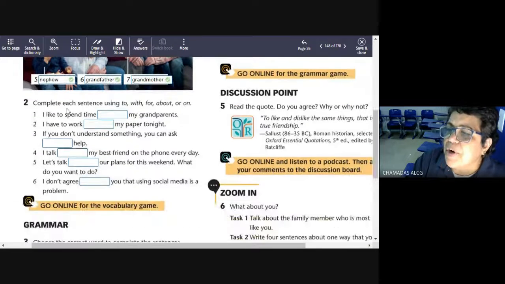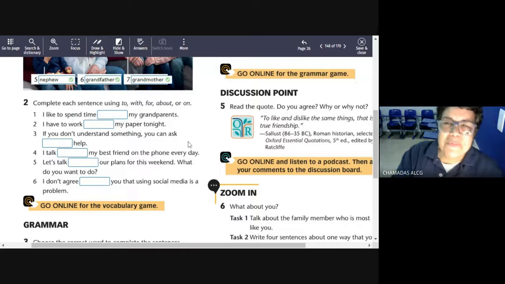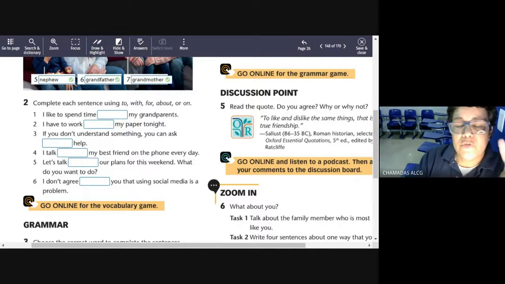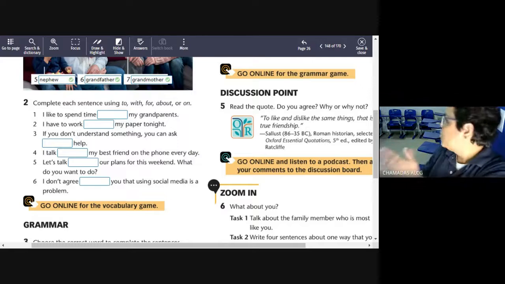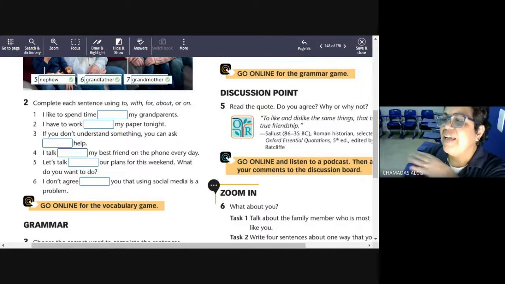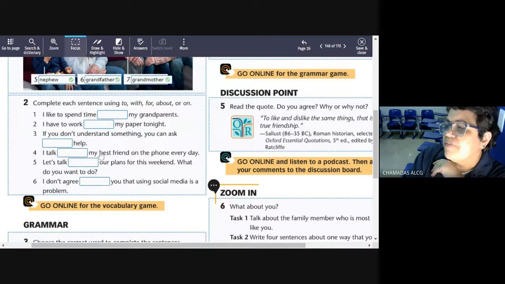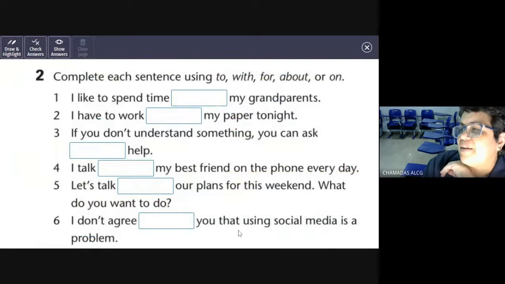Now, let's see here. Complete each sentence using to, with, for, about, or on. Remember, the second part of the vocabulary from Unit 2 is about verbs plus preposition. Okay, so let's see this one. All right. So here, I like to spend time.